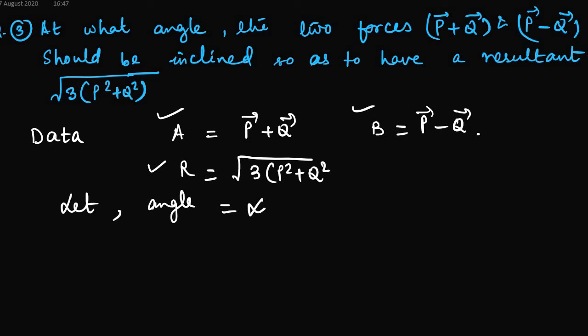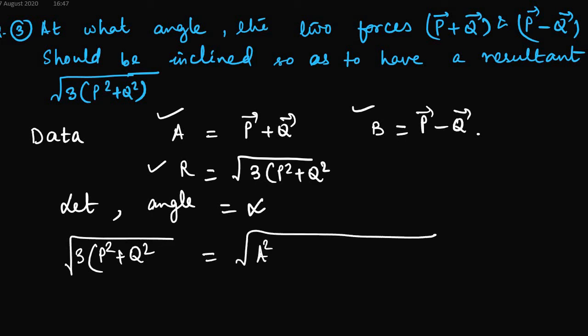So as per our formula, square root of 3 whole into P square plus Q square equals the square root of A square plus B square. Do not doubt here, I am writing it for the denotation. Then I'll process it according to the formula. Now in place of A, I will write P plus Q whole square, right?